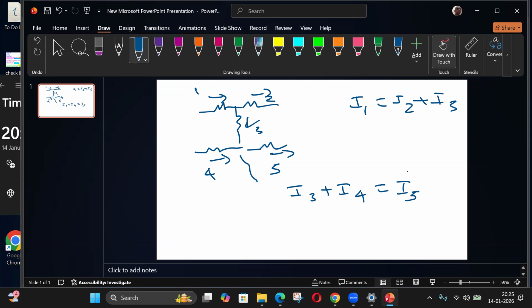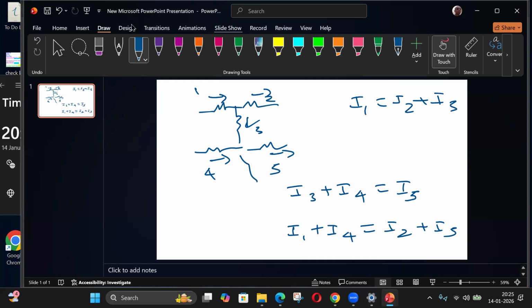Suppose I add these two: I3 will cancel on both sides. It will become I1 plus I4 equals I2 plus I5. Is that clear? Add the first two.